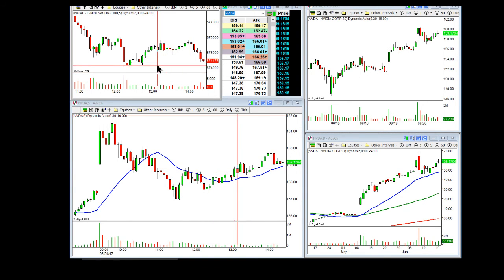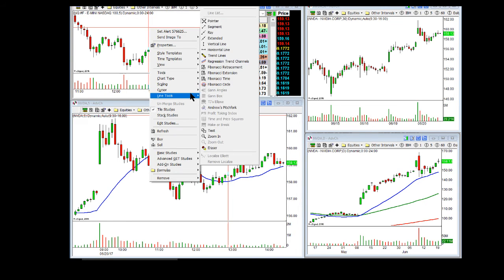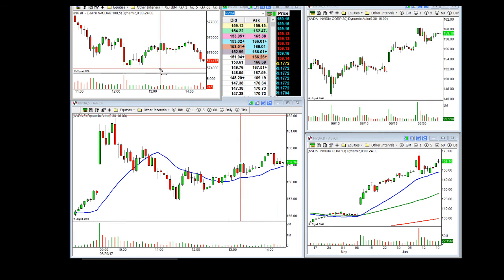Now, as the markets come down to this area of support here, let's just mark that off, just as a reference. So I'd mark off like that.